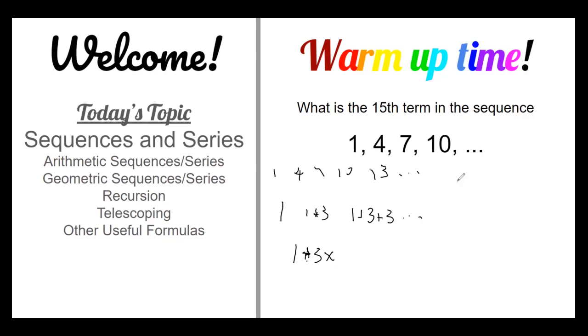The third term is 1 plus 3 times 2. So each term is just 1 plus 3 times the number of the term minus 1. So that means the 15th term in the sequence is just 1 plus 3 times 15 minus 1. And this is equal to 43.